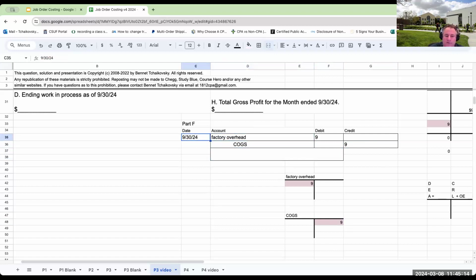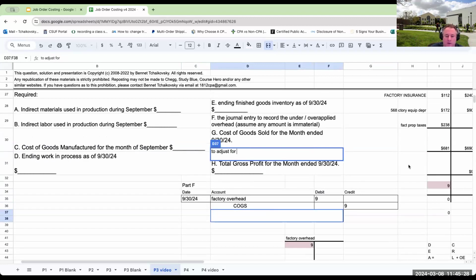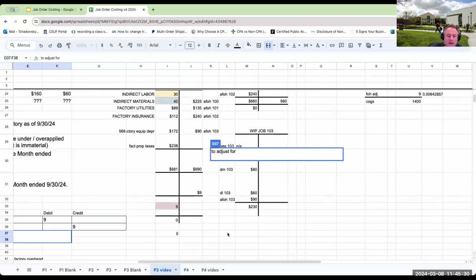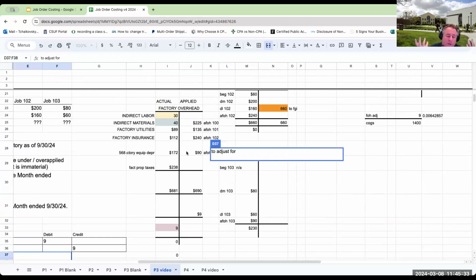So over here, my date will be 9/30/24. For my account description, my description is to adjust for, and let's take a look, was my factory overhead under applied or over applied?